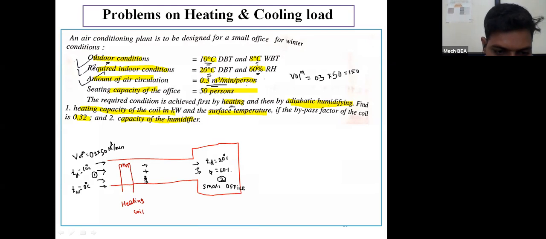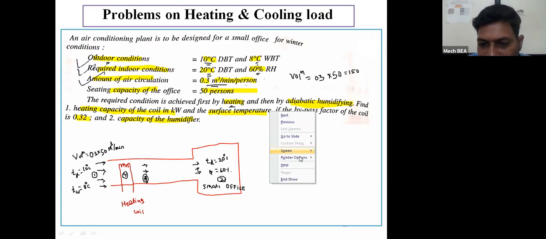If I consider this as my point number 3, and whatever condition after the heating coil is there, suppose this is my point number 4. So the required condition is achieved first by using the heating coil and then by using adiabatic humidification. So here I am using the adiabatic humidifier.